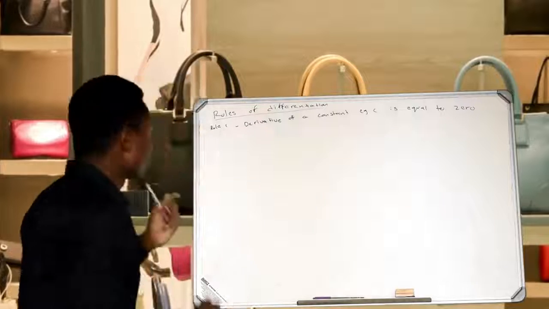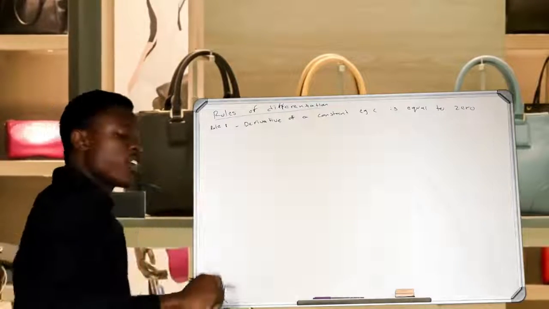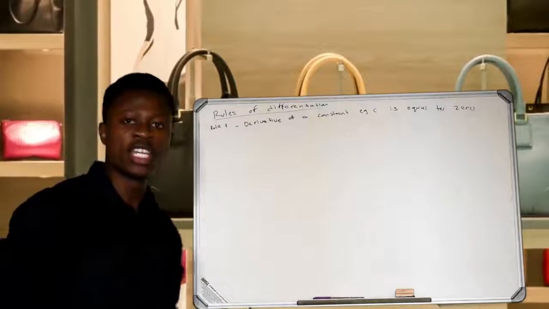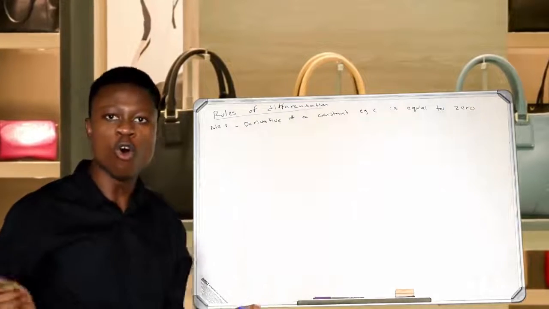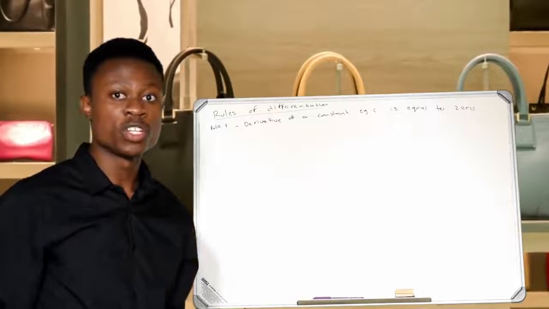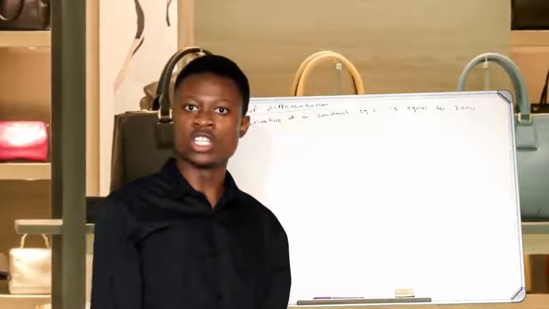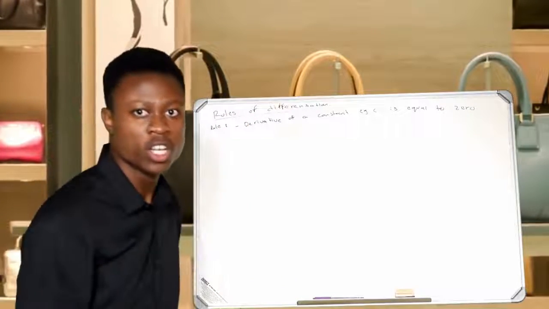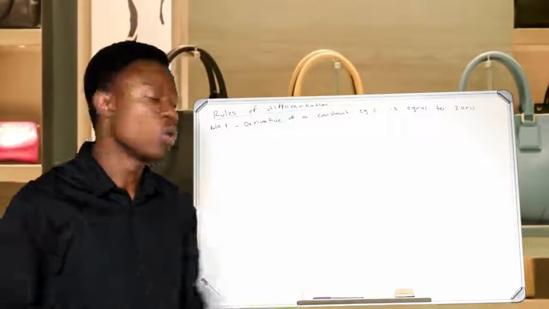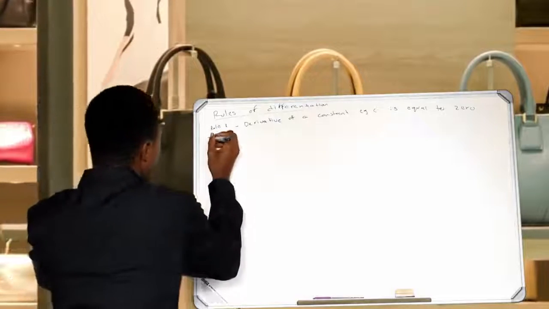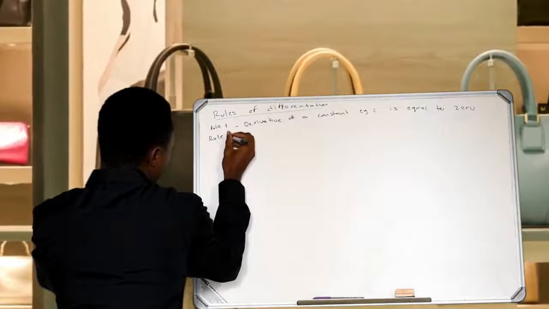That's the first rule. It's a simple rule. So if you're deriving a constant, meaning a number like 2 or 3 or 4, it's equal to 0. Derivative of 20, 0. Derivative of 3, 0. Derivative of a million, 0.